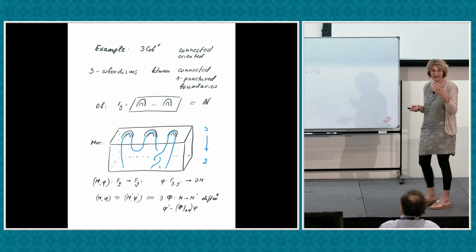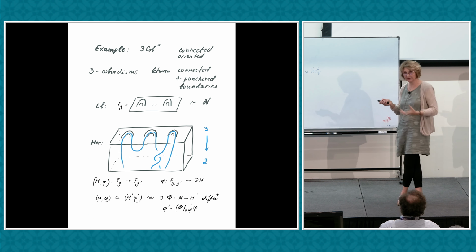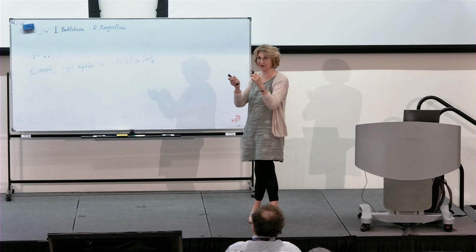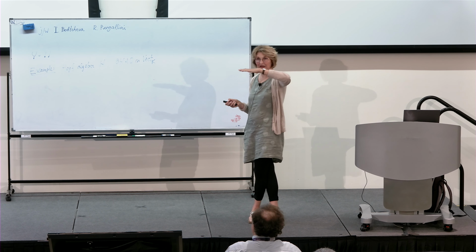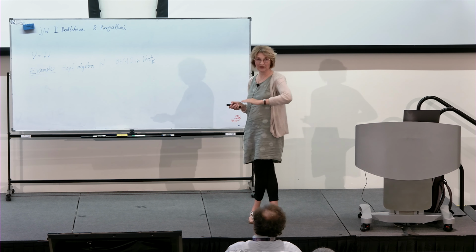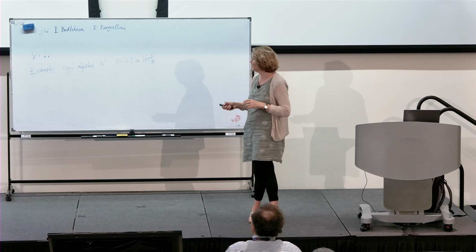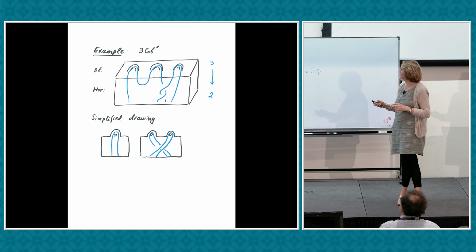So you think about any three-dimensional manifold, but you parameterize the boundaries exactly in this way: you have this Fg upstairs, Fg prime downstairs, and you have something in between. So this is the setting.